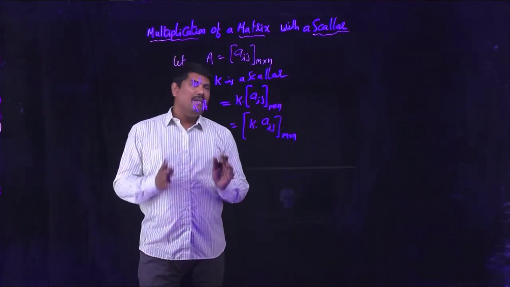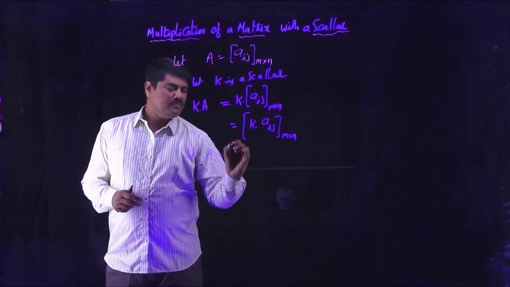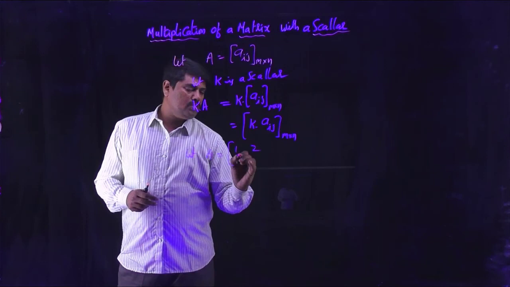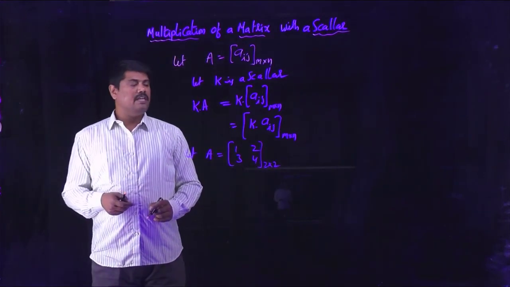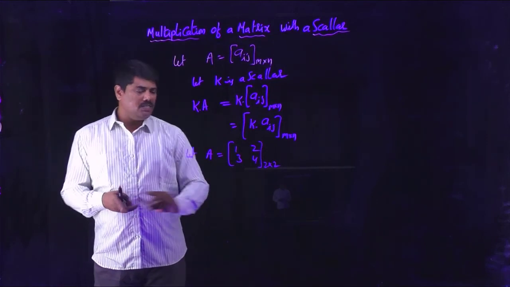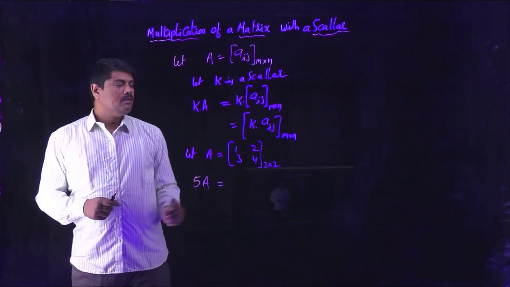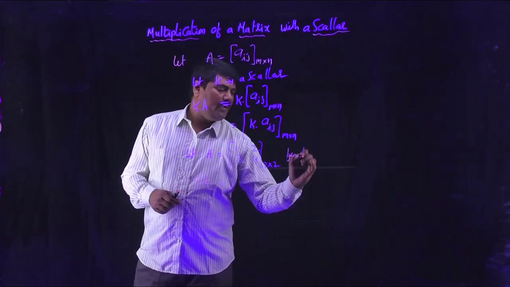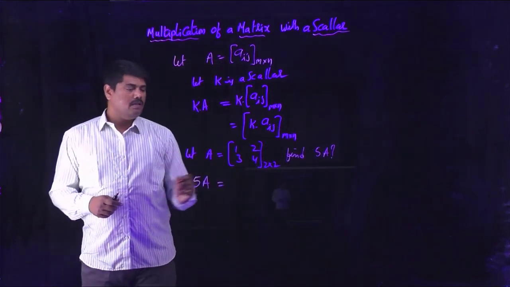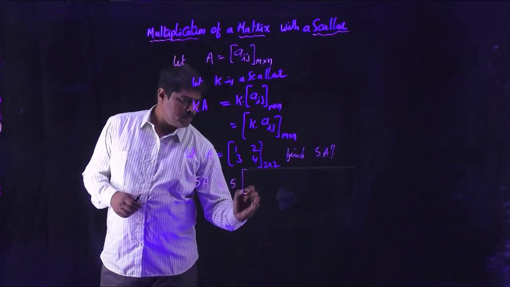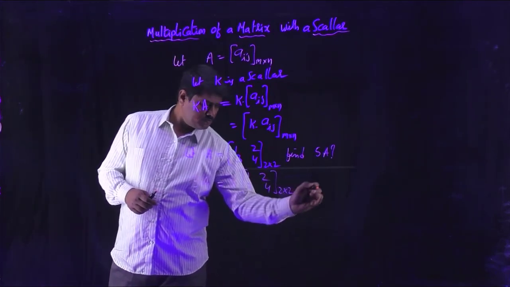Let me explain with one example. Let us consider A as 1, 2, 3, 4. A simple 2 by 2 matrix I considered here. Now what is the matrix 5A? They are asking to find 5A. So 5 into the matrix 1, 2, 3, 4, which is of order 2 by 2.